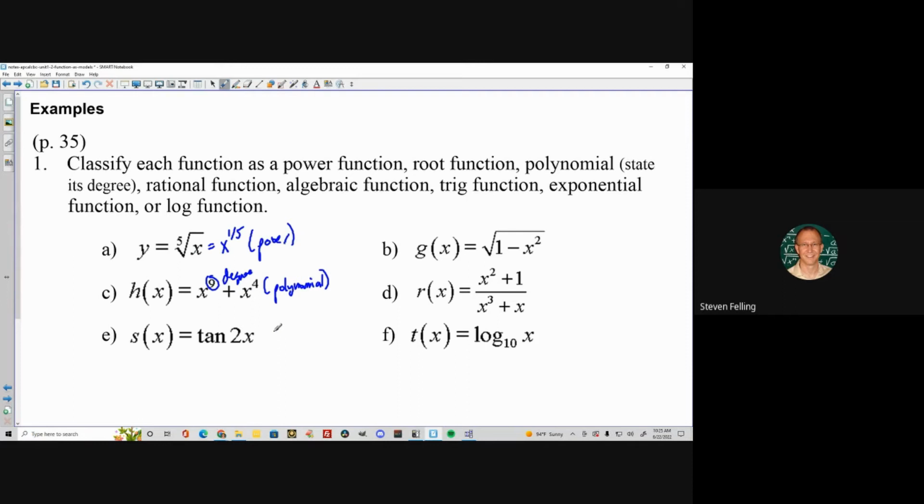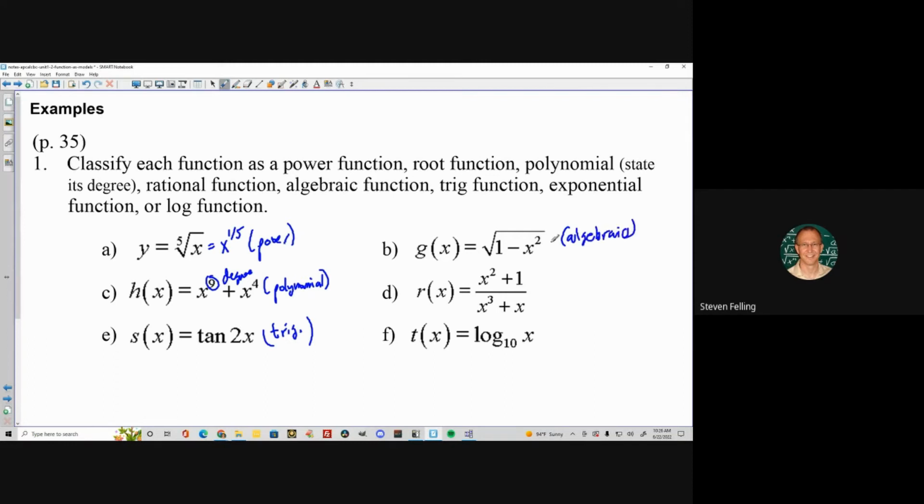This one is a trigonometric function, because it involves a tangent. Okay, this one is a square root, and it's got squares in here. This is more complicated, so it involves some sort of arithmetic combination of things, or algebraic combination of things, but it's not a basic curve shape of any of the original function families. So we just call this one an algebraic function.